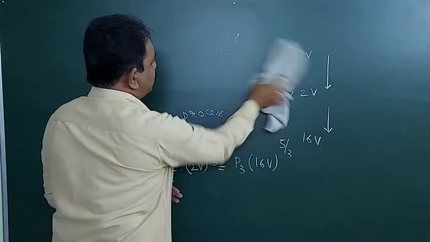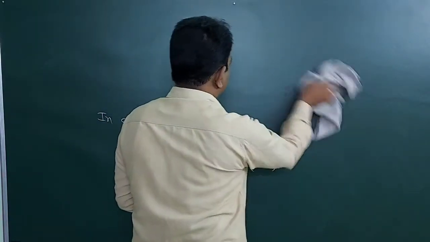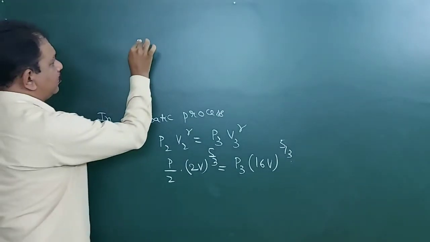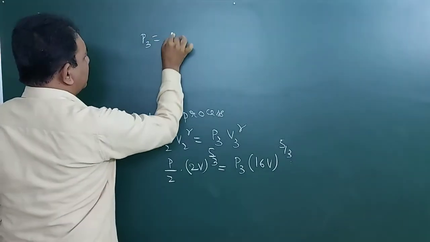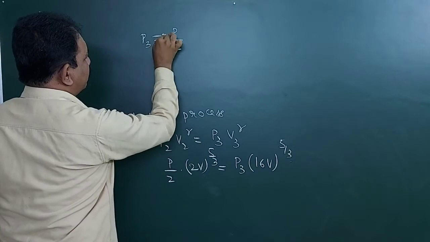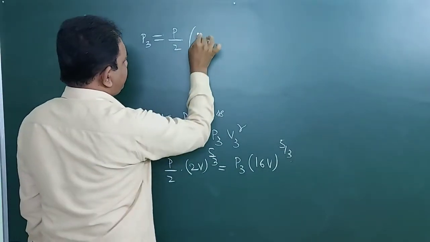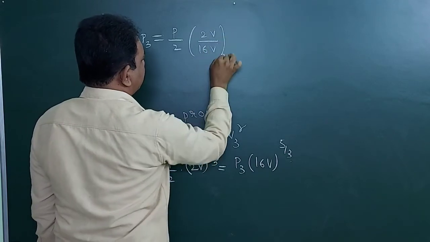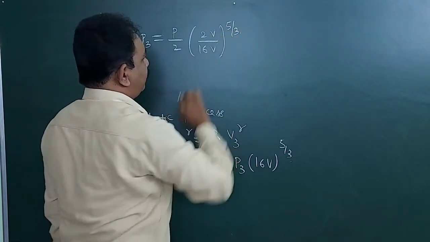Then what to do? See, P3 is equal to P by 2 into 2V by 16V whole power 5 by 3.